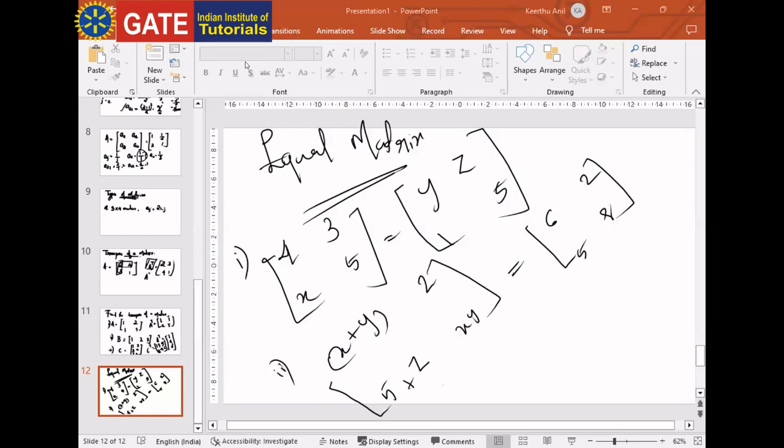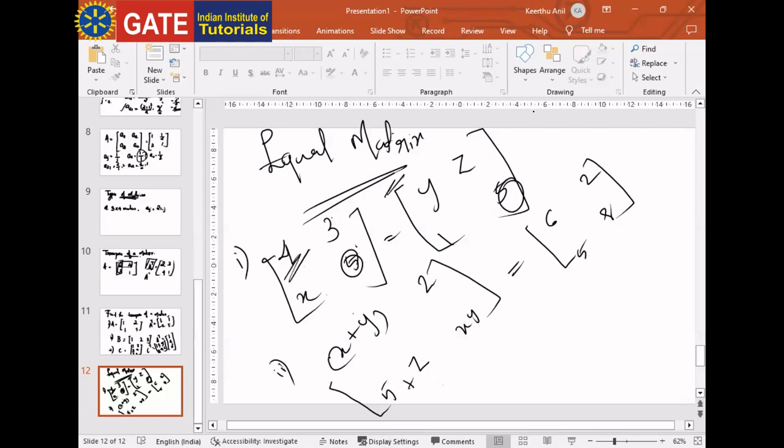See, if you have got two matrices equal, that means that the corresponding elements will be equal. So if you have 4, 3, x, 5 and y, 1, 5, you can see that this 5 is same as this 5. Similar to this, each element can be equated. This minus 4 can be equated to y.